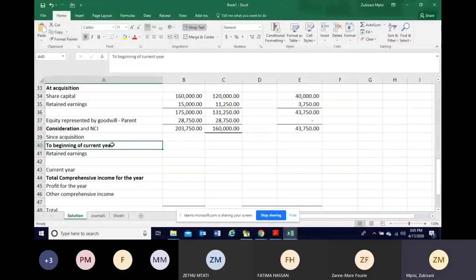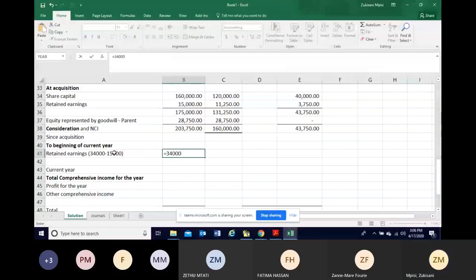At the beginning of the year, we've got the retained earnings provided there when they say it's 34,000. You deduct what was there at acquisition, 34,000 minus 15,000.